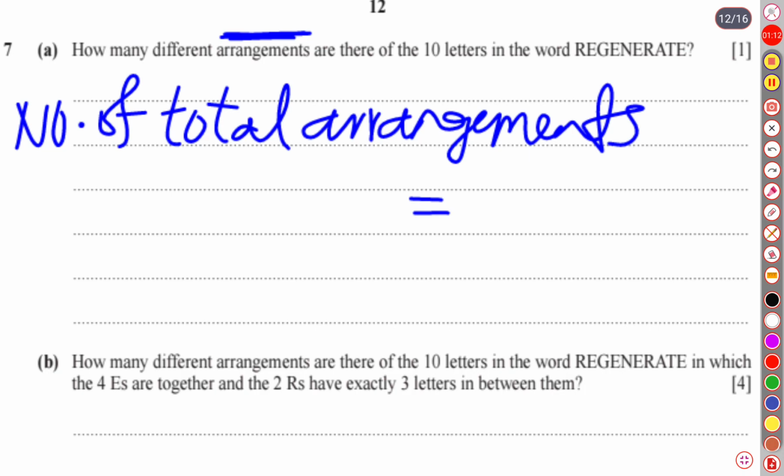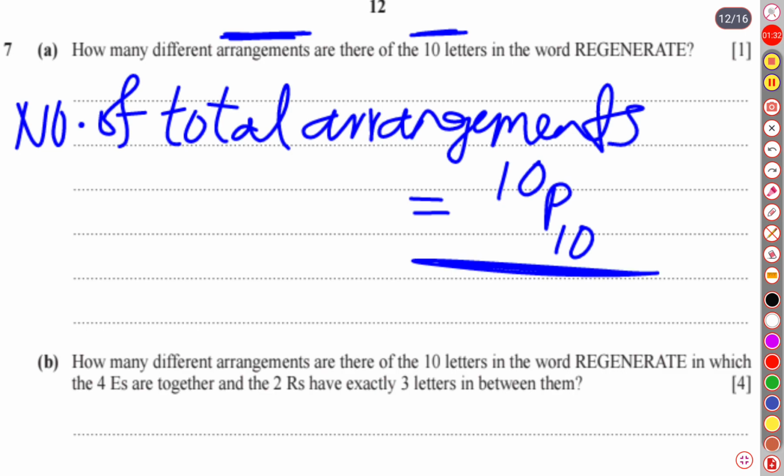As there are 10 letters, it will be 10 factorial ways, or you can say 10P10. Then the total arrangements will be divided by the factorial of the repeated or identical letters.